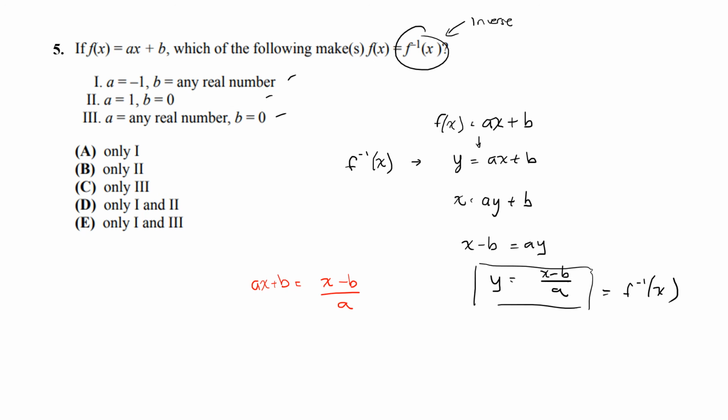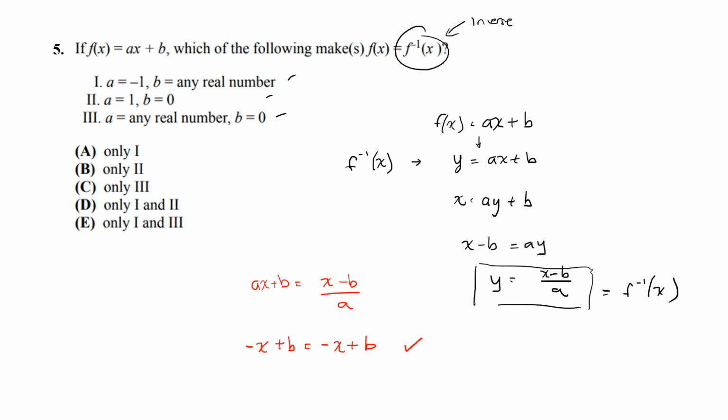If a is -1, we'll have -x plus b, and because we're dividing by -1, we have -x plus b here too. So those two are equal, and if b were any number, these two are equal.